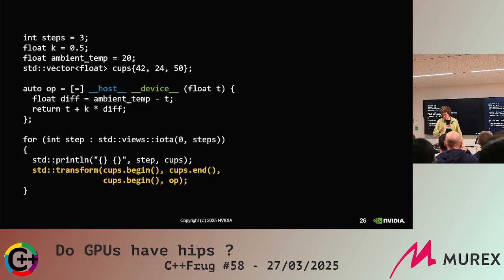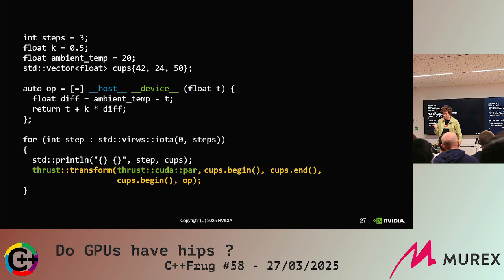So going back to our example, the work that we want to launch on the device is our std::transform right here. So we can launch this on the device by using thrust::transform. And that's going to do the same thing as std::transform, except it'll be in parallel, and in this case it will be on the device.